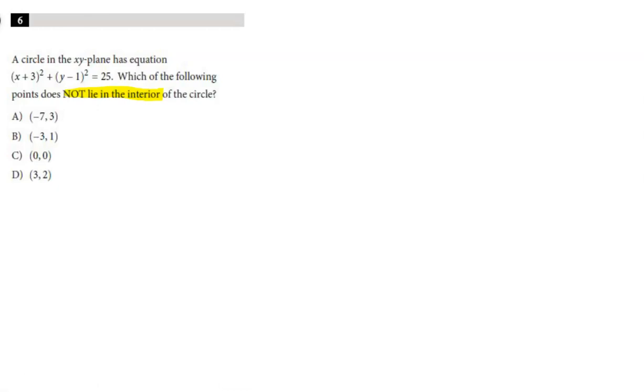So sifting through the information, it looks like our center is at -3, +1, and my radius is 5. All right, and I got all that information similar to how I did on the problems before. And let's just kind of sketch this.